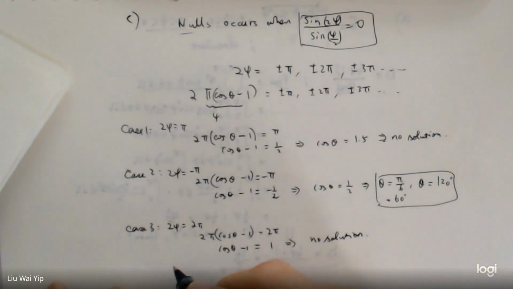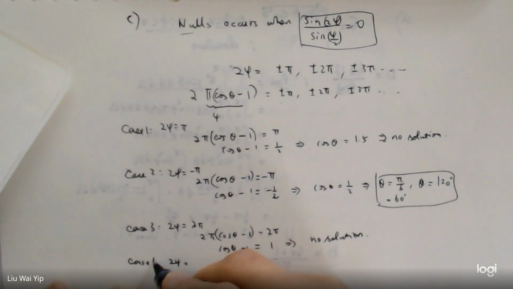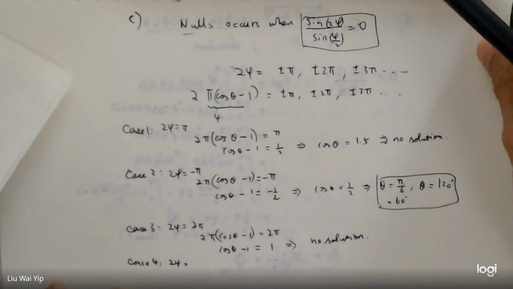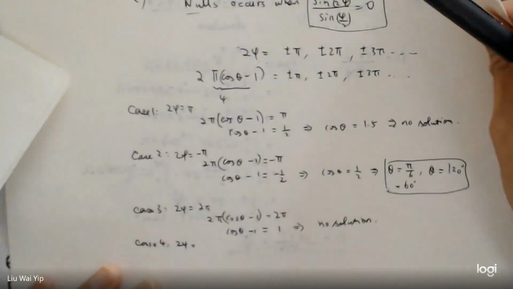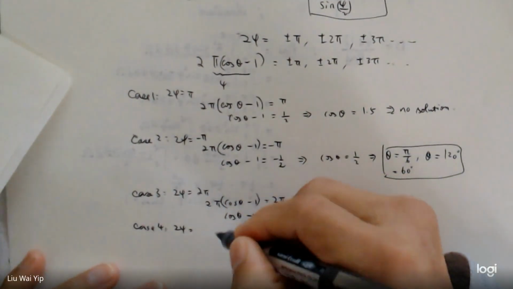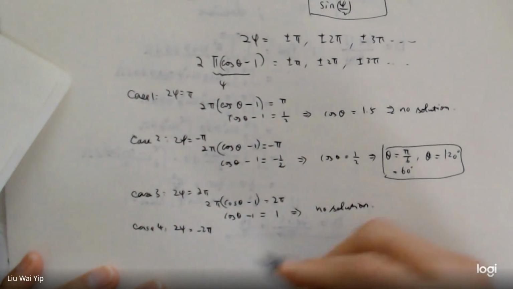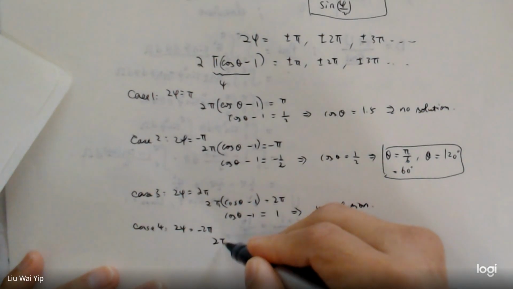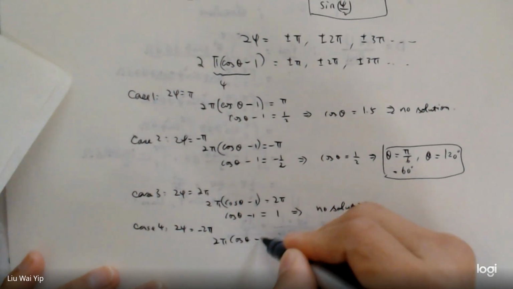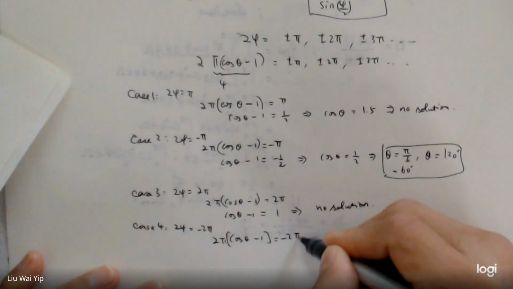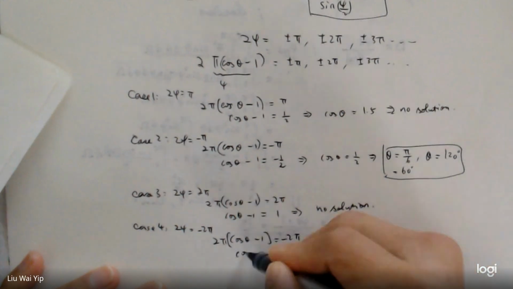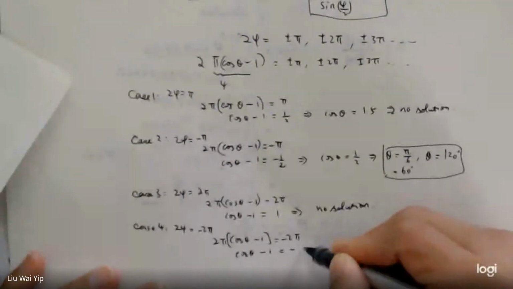So we need to find out case 4. In this case, case 4 will be minus 4 pi. So under this condition, minus 2 pi, and we have minus 1.